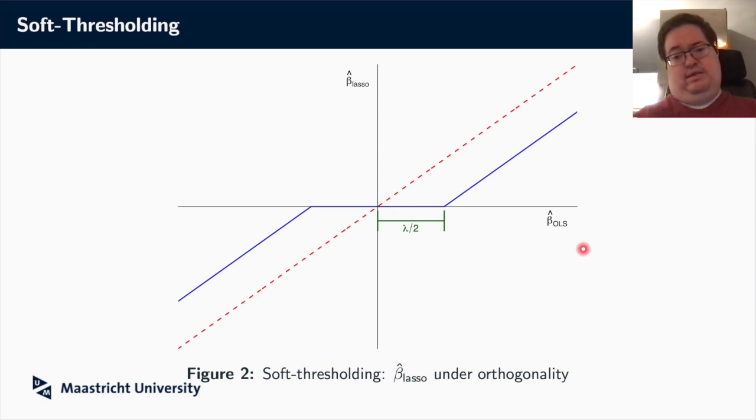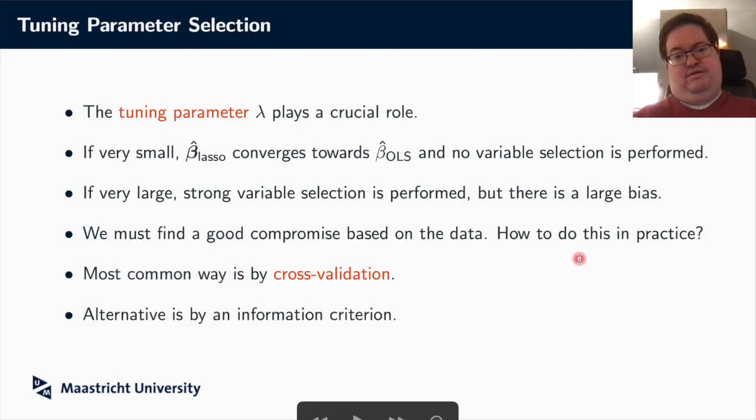Now we can give theoretical arguments, which will be part of one of the follow-up lectures. Let's here look at how we do it in practice. So we have to find some way to get a lambda which on the one hand doesn't put too many coefficients to 0, doesn't do too much selection because it will kill off relevant variables and induce a large bias.